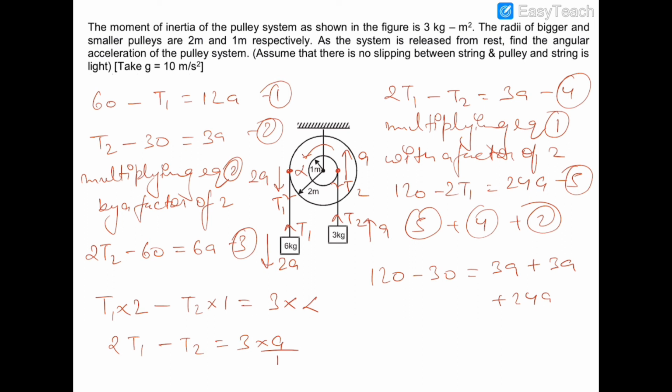So this is 90 and that is equal to 30A. So A is equal to 3, and alpha is equal to A by 1, so it is equal to 3. So alpha will be equal to 3 radians per second square. Now let's move on to the next question.